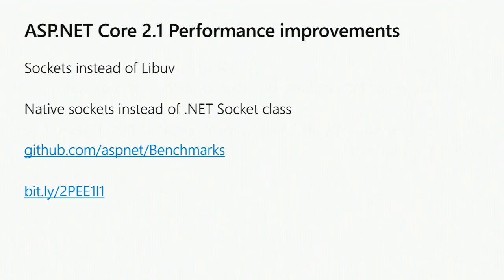Some performance improvements. If you're still working on .NET 2.0, there are some reasons for you to move into the future version, because in every version there are some performance improvements, and you can visit benchmarks to see how it's going on.